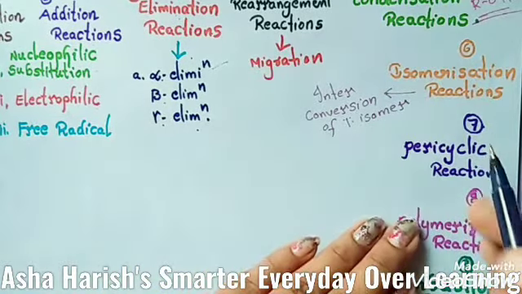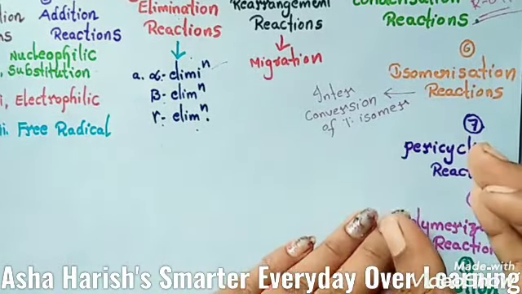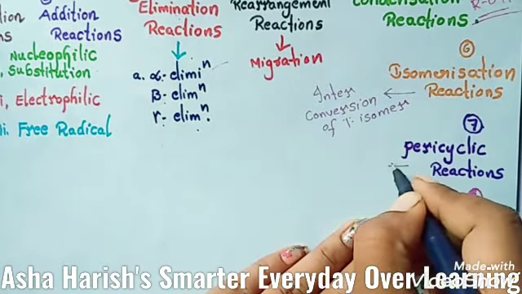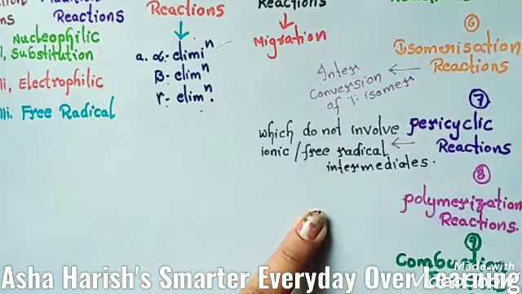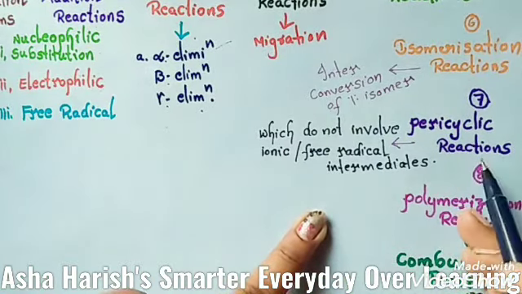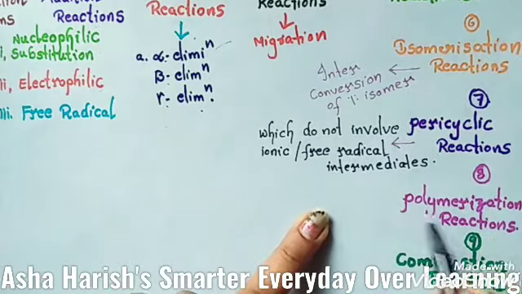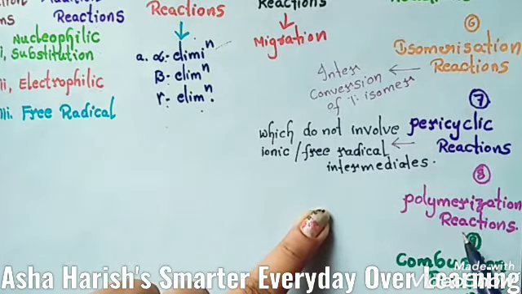There are a large number of organic reactions which do not involve ionic or free radical intermediates. That's about pericyclic reactions. And number 8 is polymerization reactions.